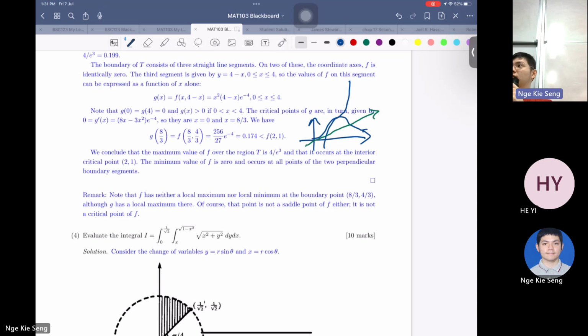So it's only a maximum in one direction. How about the other direction? Here we don't know. Either we take the derivative test or we take the neighborhood to check.